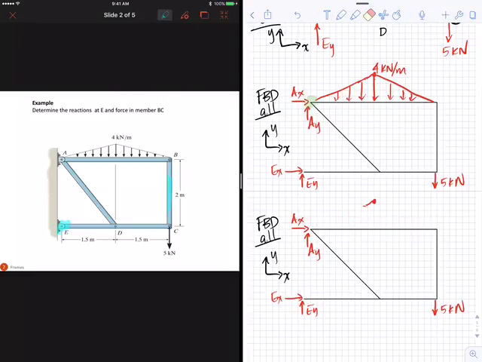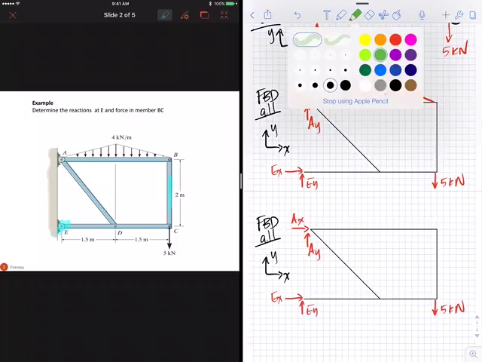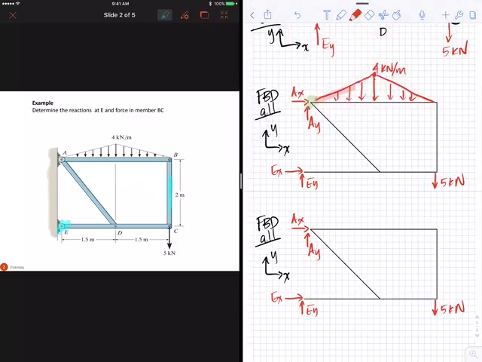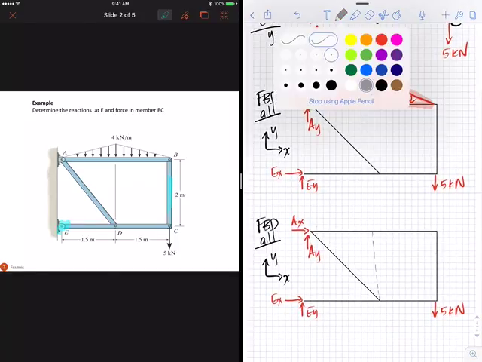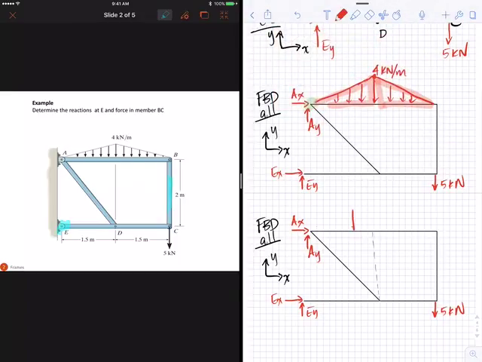So we can take this distributed load, and we can take this side and this triangle here and replace it with two sets of forces, right? So this was D is coming down. And we know that it's going to act a third of the way from the bigger side of the triangle. And that these forces are equal to 1/2 times the base.